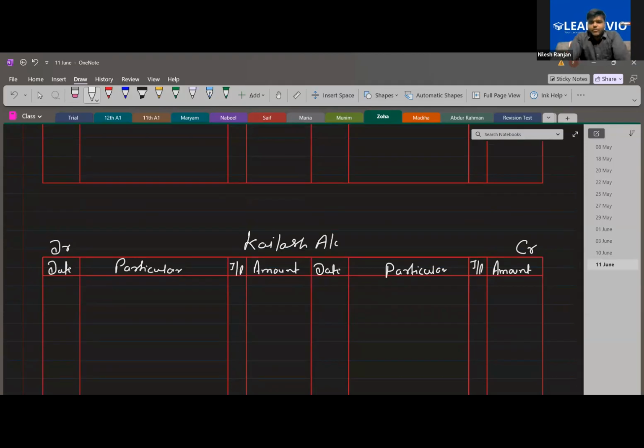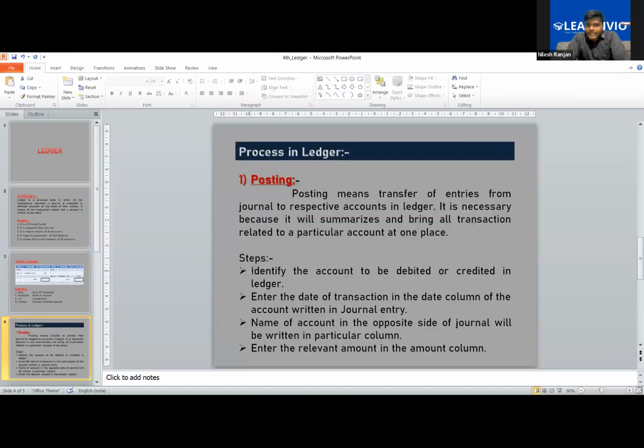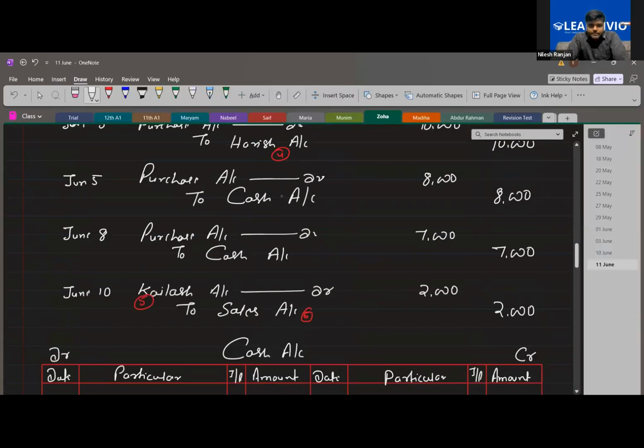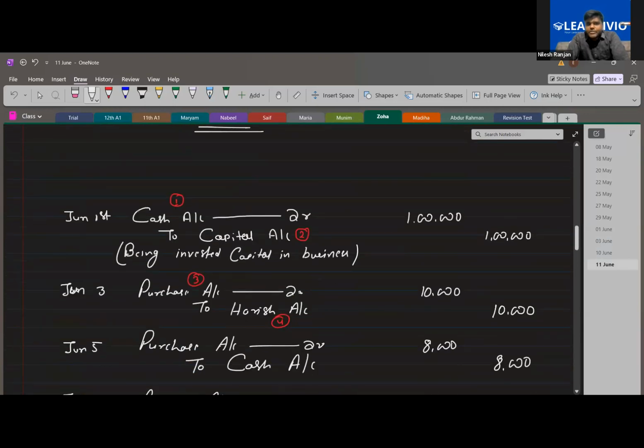Now, the first step is complete. The next step is to identify the account to be debited or credited in the ledger. First you will see the journal one by one. The first journal entry is cash account debit to capital account. So this transaction will go in the cash account and capital account.